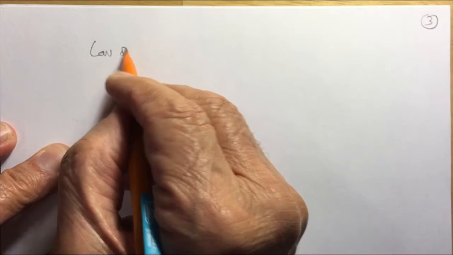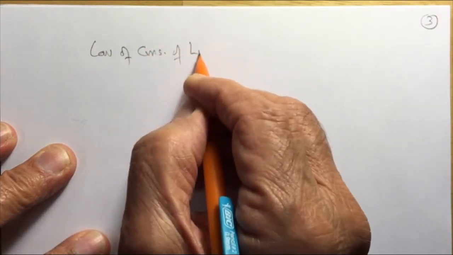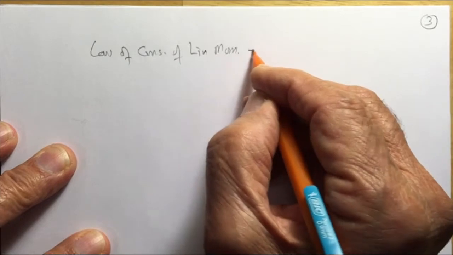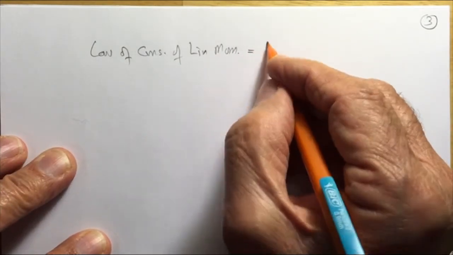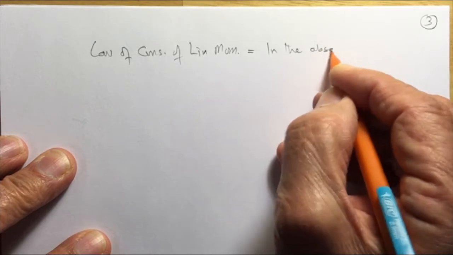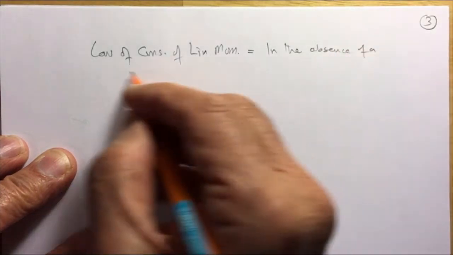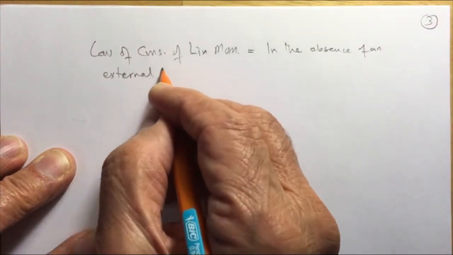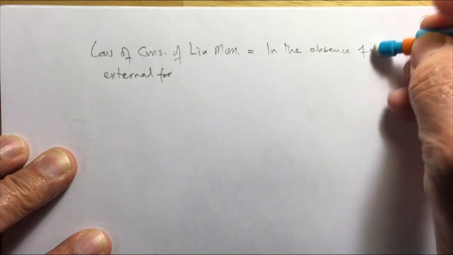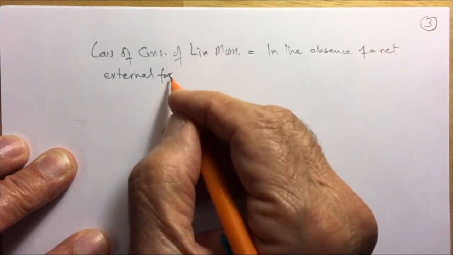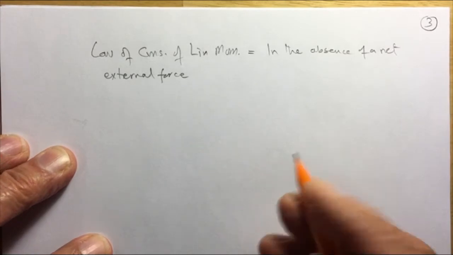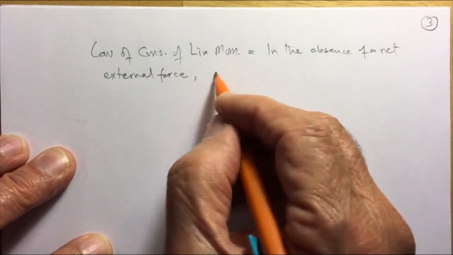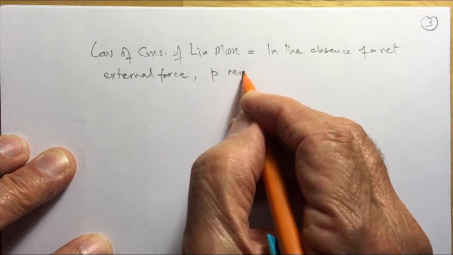The law of conservation of linear momentum is that in the absence of a net external force, okay, there could be forces but they all add up to zero, in the absence of a net external force, the momentum remains constant.